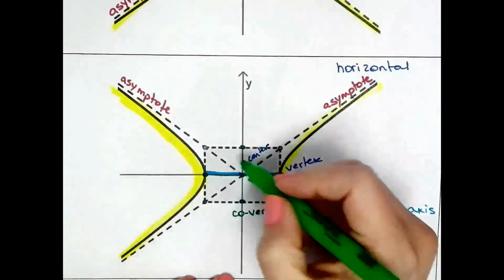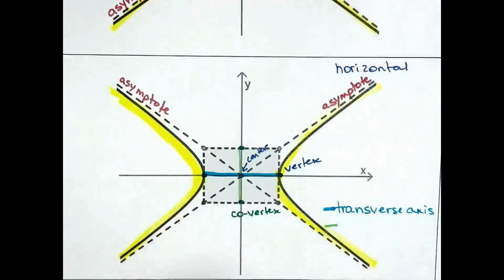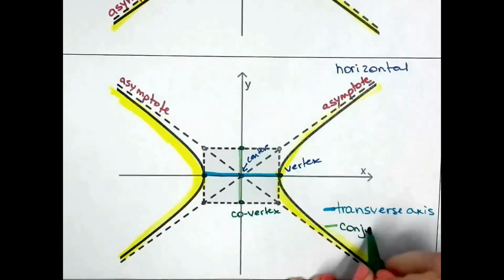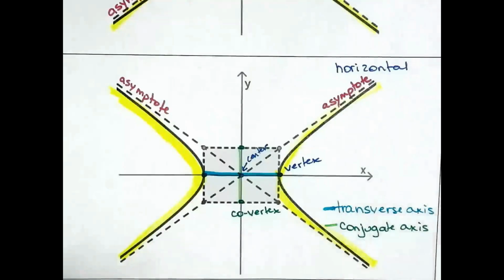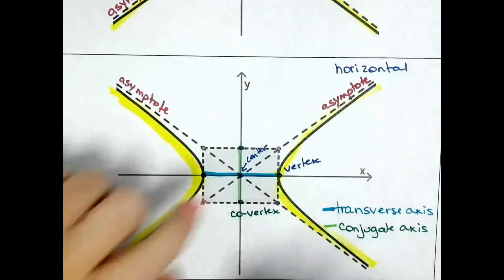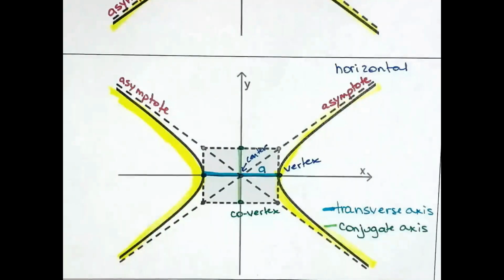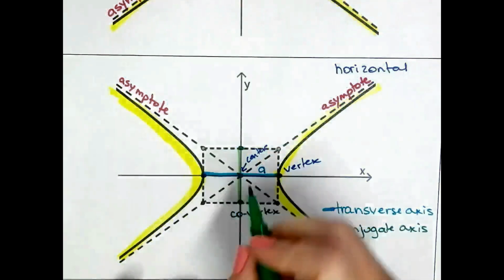And the distance from one covertex to the other, that's the conjugate axis. The distance from the center to the vertex is A, just like the ellipse, and the distance from the center to the covertex is B.